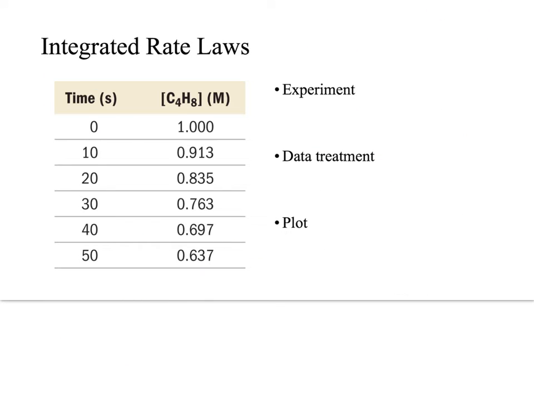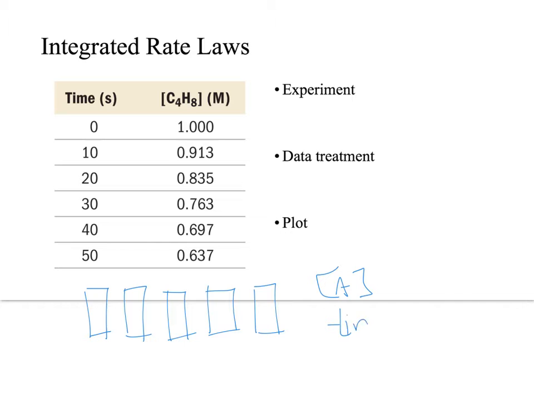When you do this sort of reaction in the laboratory, you're going to set up a bunch of different tubes. In each one you're going to have some concentration of your reactant, and they're going to go for different times. So you're varying the amount of A and you're varying time.